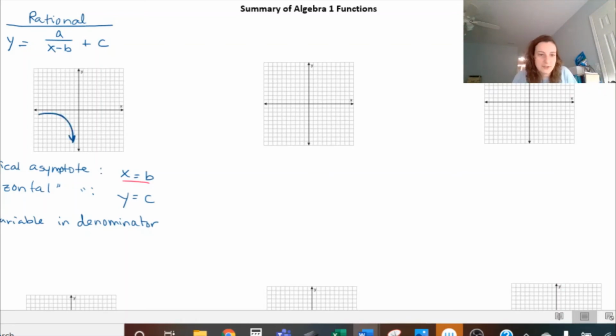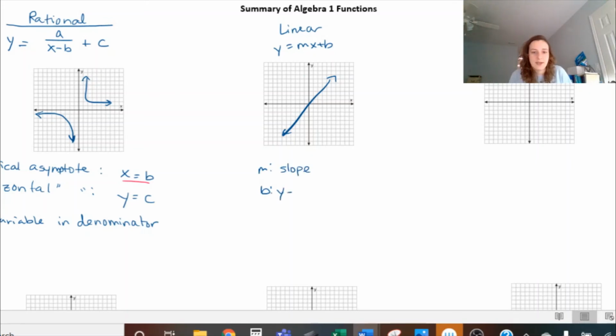So a rational function looks something like this, and we're just going to draw some sketches here. The first one that we always studied is the linear function. Remember, y is equal to mx plus b. What's special about that is it's always going to produce a straight line, where m is your slope and b is your y-intercept.